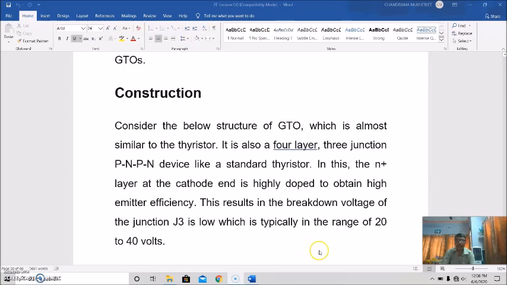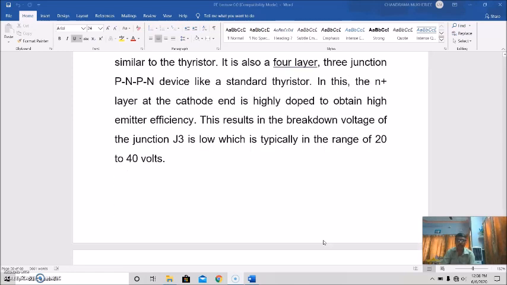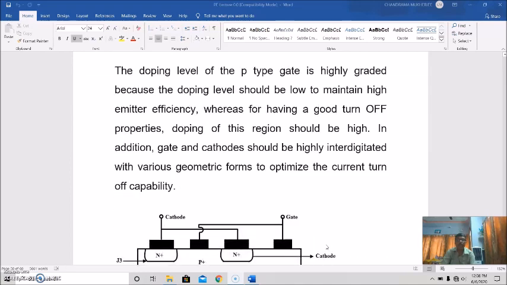Now its construction. It is almost similar to a thyristor in its construction. It also has four layers and three junctions like a thyristor. In this, the N plus layer at the cathode end is highly doped to obtain high emitter efficiency, and this results in a low breakdown voltage of junction 3, typically in the range of 20 to 40 volt.